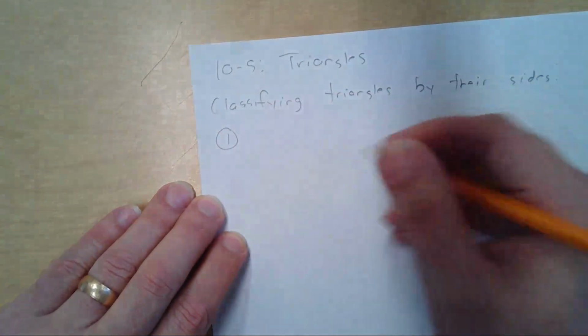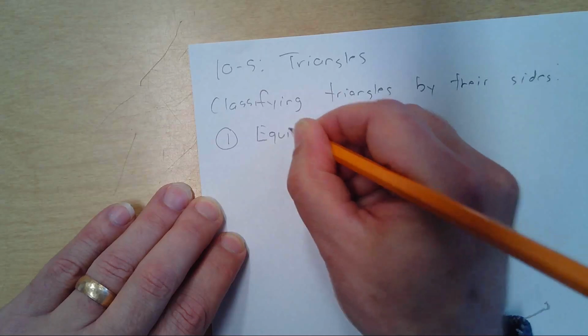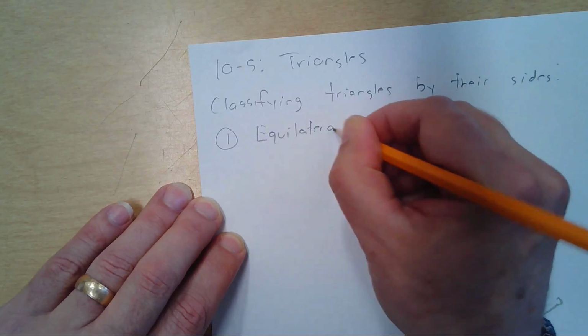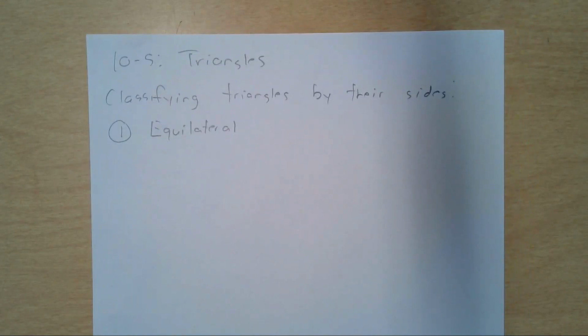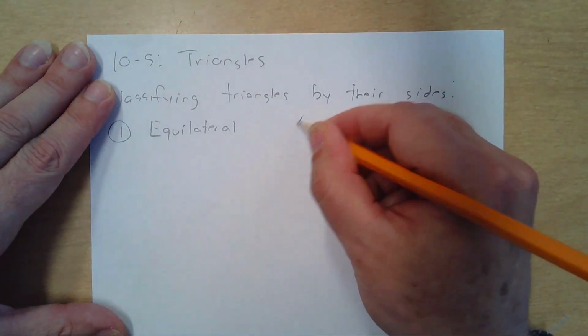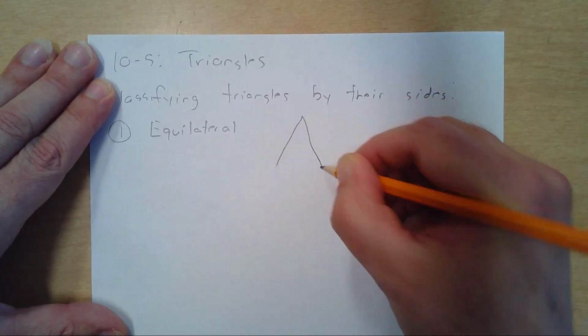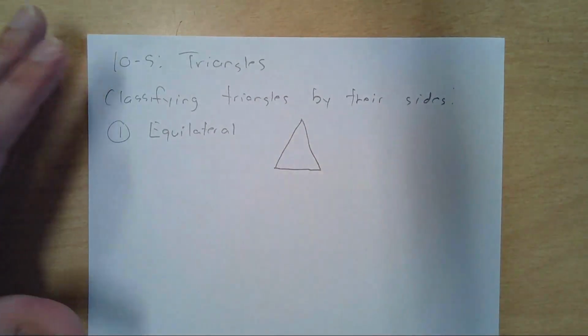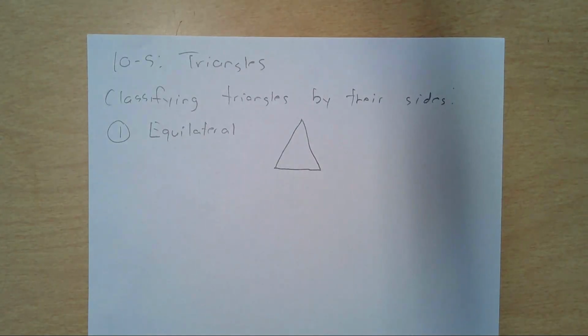First is the equilateral, which is probably the easiest of the 3 to understand because it has the word equal in there. When you think equal, you think everything's equal to each other, and that's exactly what an equilateral triangle is. It's telling me all 3 sides are the same length.